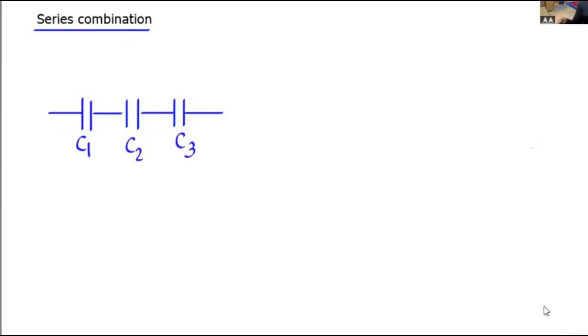Then the charge flow through each capacitor is Q, here plus Q, minus Q, then again here plus Q, minus Q, plus Q, minus Q. Then here you can see the charge of each capacitor is identical, because all three capacitors are connected in series.